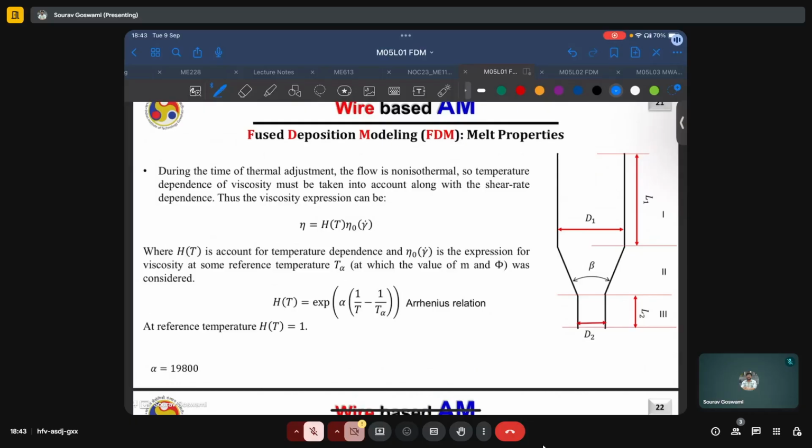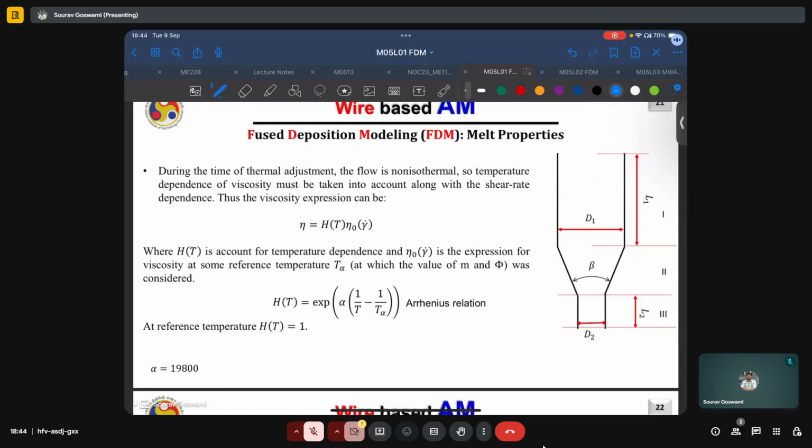The viscosity expression, because we must take into account its temperature dependence, can be obtained as eta equals H, which is a function of T, times eta naught, which is a function of shear rate gamma dot, where H(T) accounts for temperature dependence, and eta naught as a function of gamma dot is the expression for viscosity at some reference temperature T alpha, at which the value of the power law exponent m and the fluidity phi were considered.